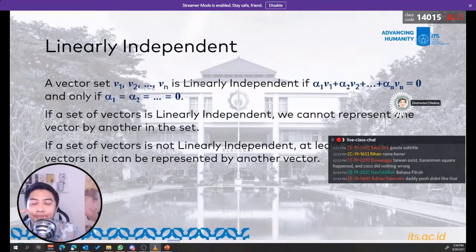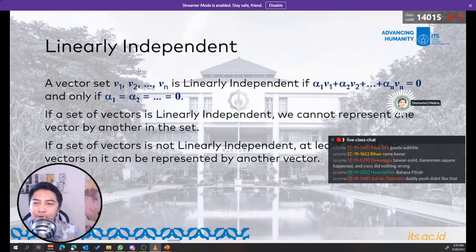Bebas linear. Ada konsep namanya bebas linear di aljabar linear yang dulu. Nah, ini kita perlu cek kembali karena itu nanti juga penting. Linearly independent. The definition of linearly independent should be something like this. Suppose that you have a vector set v1, v2 up to vn.